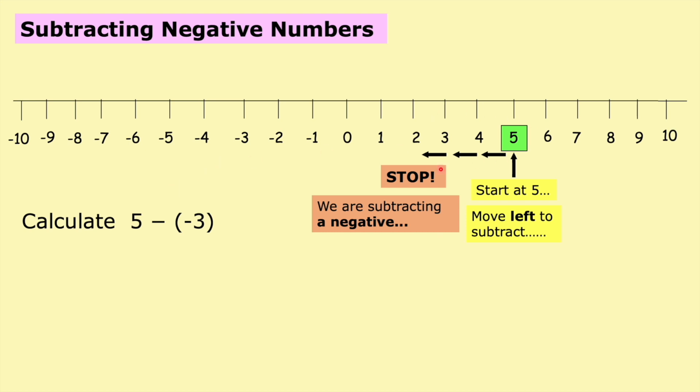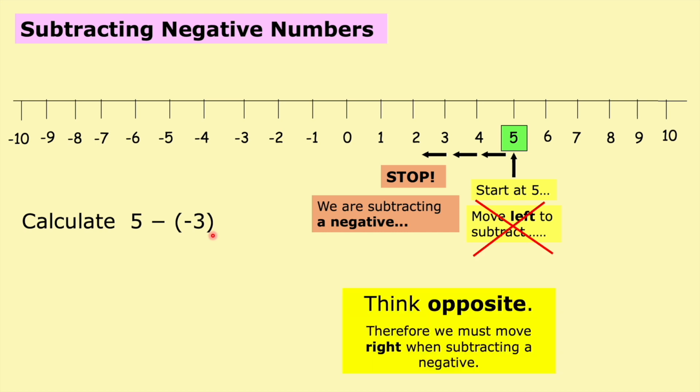So this representation here represents 5 subtract 3. However, we are finding 5 subtract negative 3, which is the opposite. So I want you to think opposite. So we are 5 subtract the opposite of 3. Therefore, we must move right, so the opposite direction, when we are subtracting a negative.